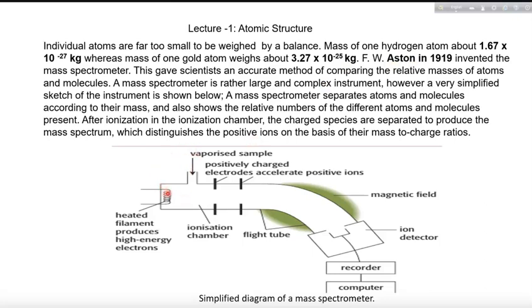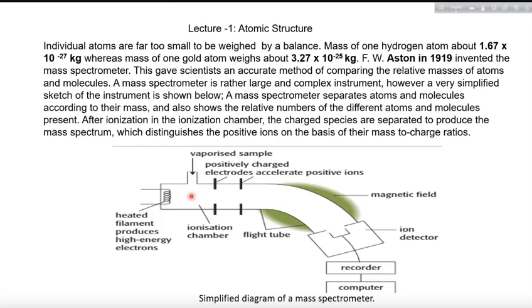We have a heated filament, and we put in a vaporized sample, and this chamber should be under high vacuum. The heated filament ionizes the sample, and thereby we call this the ionization chamber.